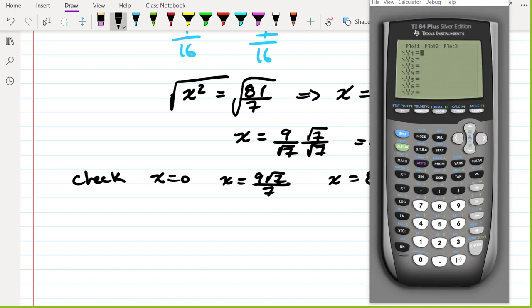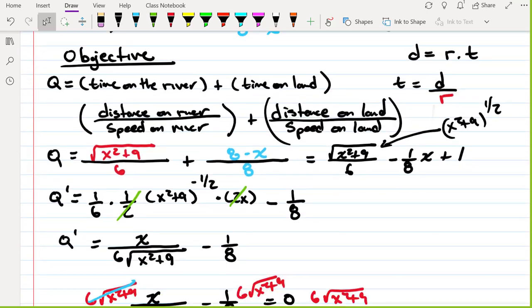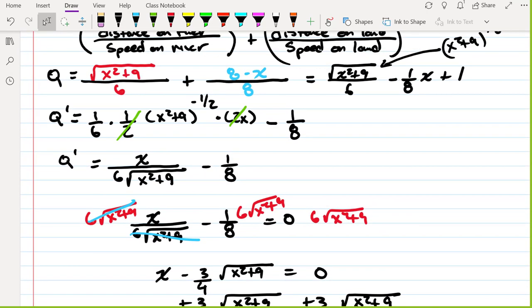So if we put the original objective function back into our calculator, so our objective function was this guy before we took the derivative.